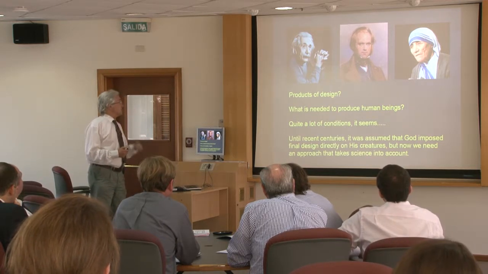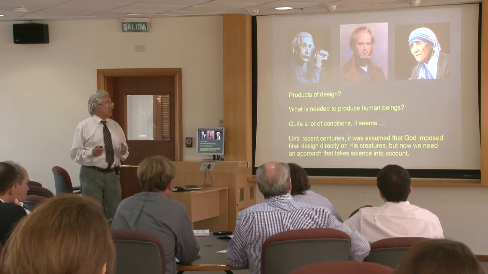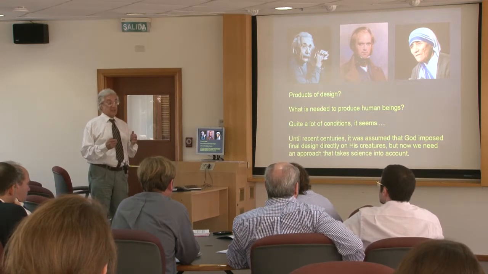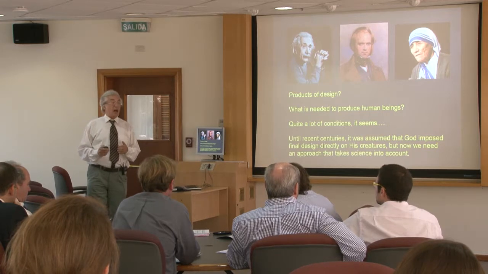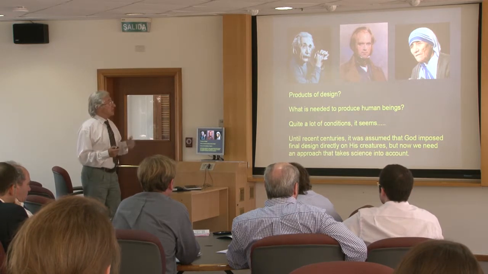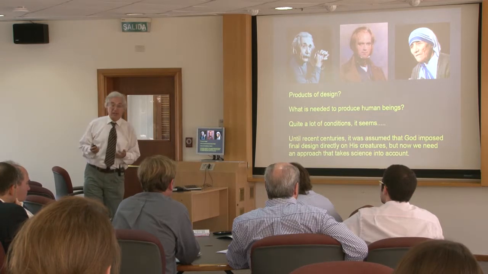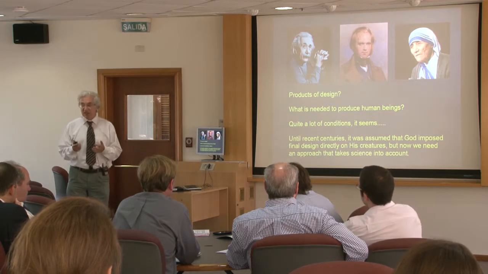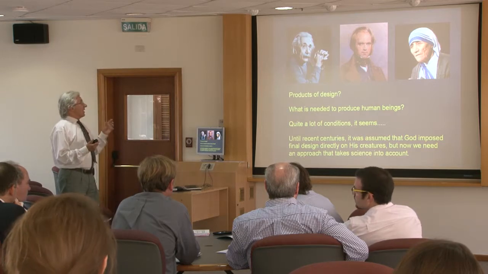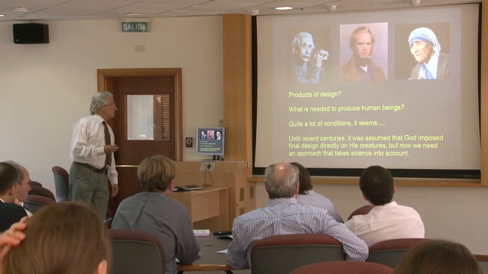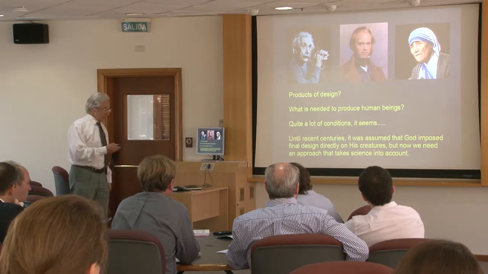Well, until recent centuries, people just assumed that it's all so obviously structured and let us even say intelligent, that God must have just imposed designs on everything. You have a chicken, God designed the chicken. But now we need an approach that fully takes science into account.